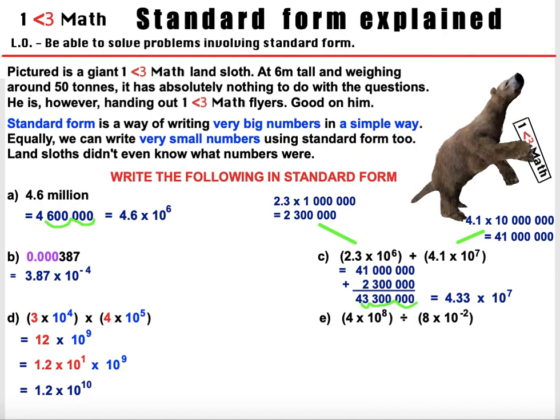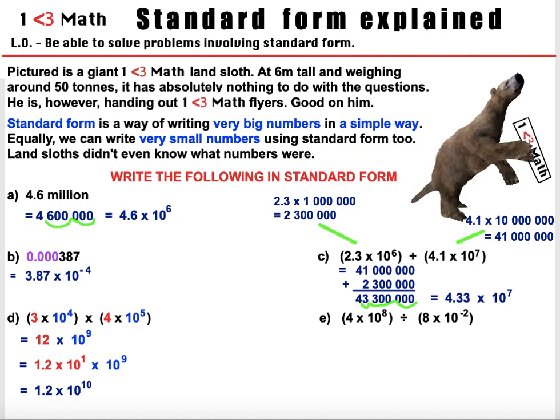So just to recap there, we had 12 times 10 to the power of 9, but 12 isn't in standard form because the first significant figure is 1, so therefore it has to be 1.2, and that means we're moving the decimal point 1 place, so it's 1.2 times 10 to the power of 1, and we can multiply by 10 to the power of 9 and get 10 to the power of 10. 1.2 times 10 to the power of 10.